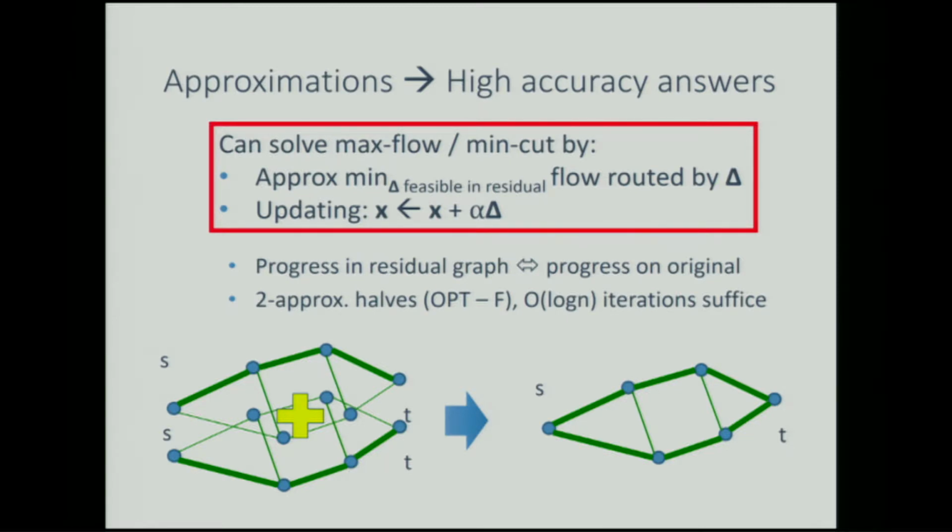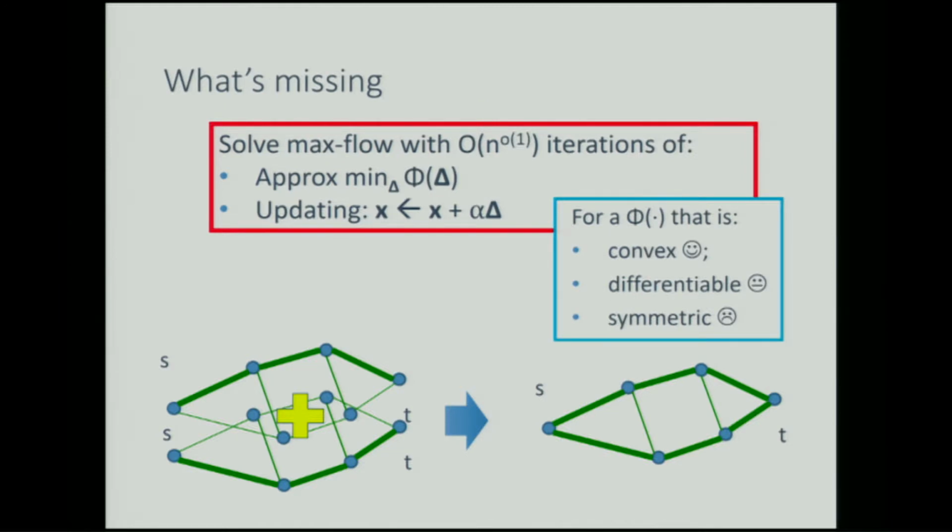So the idea is that I can design this kind of iterative method where every time I look for a global update, and then I update my solution by it with a small step size. The problem with this is that the residual problem is about as complicated as the max flow problem itself.